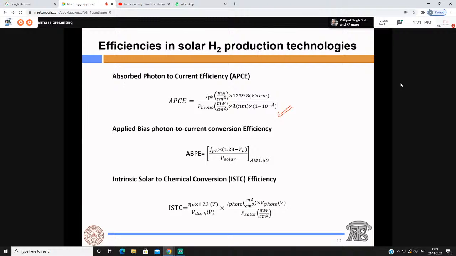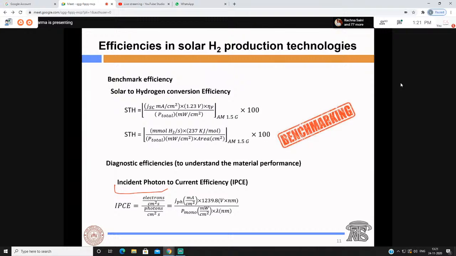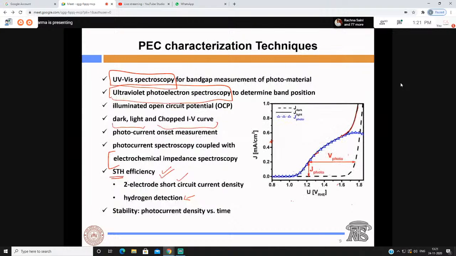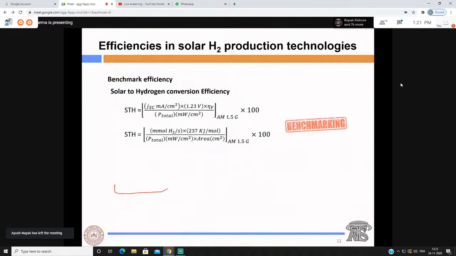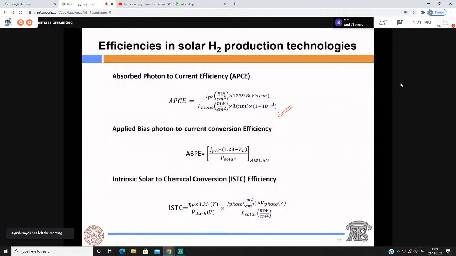Okay, now if you see in this graph, in this portion we are not only shining the light, we are also providing an electric potential. In such a system, the efficiency which we need to calculate is the applied bias photon to current conversion efficiency, ABPE.